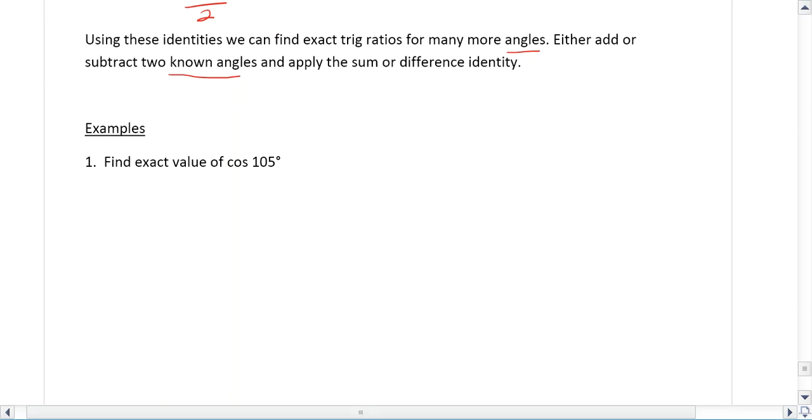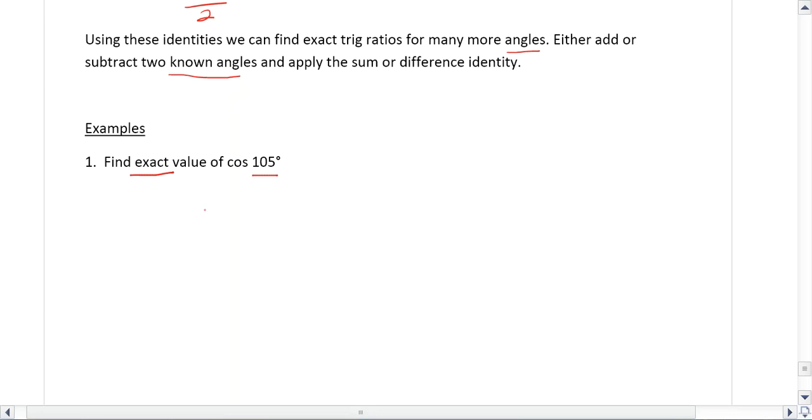If we're asked to find the exact value of the cosine of 105, you notice right away that 105 is not an angle we have on the blue sheet. It's not one of the special triangle angles. So we look at the numbers that we do have on your blue sheet: 0, 30, 45, 60, 90, 120, and so on. If we can write 105 as a sum or a difference of those angles, then we can move forward.